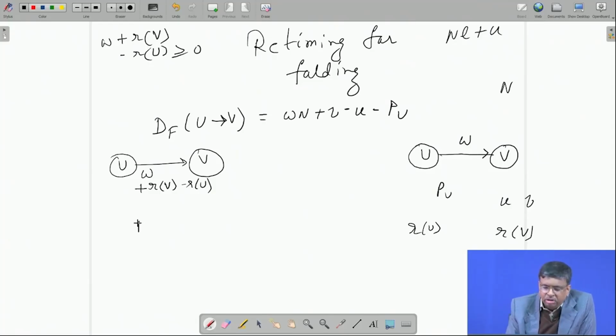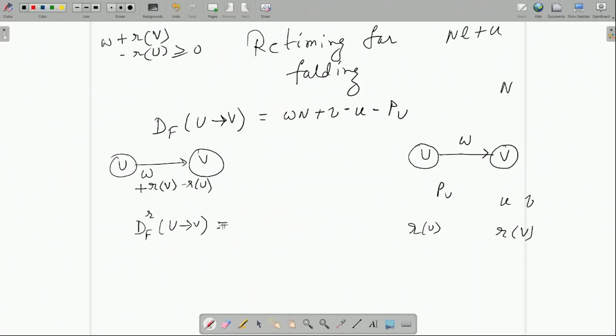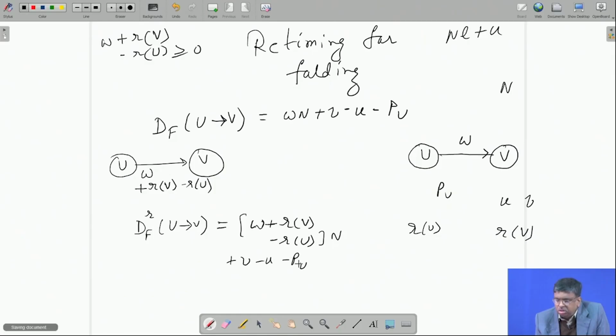So, if I call it DF superscript R for retiming, that is after retiming, then this delay expression will be W plus R of v minus R of u, this is the new delay, times n plus remaining things as before, v minus u minus P u. And now I want this to be always positive, not negative.